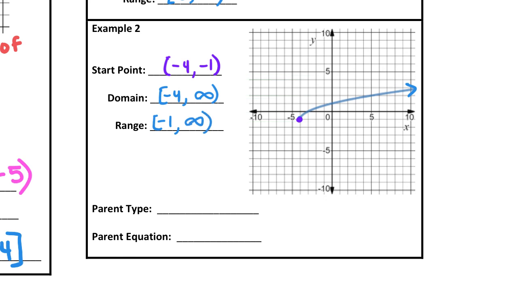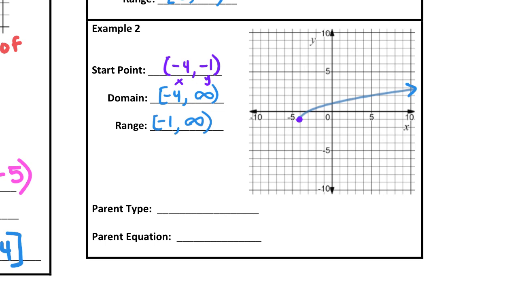So you should notice that for the domain and the range, the x and the y values of the starting point are the domain and the range starting values. Right? Because remember, domain represents the x's, range represents the y's, so that's where they play a role.